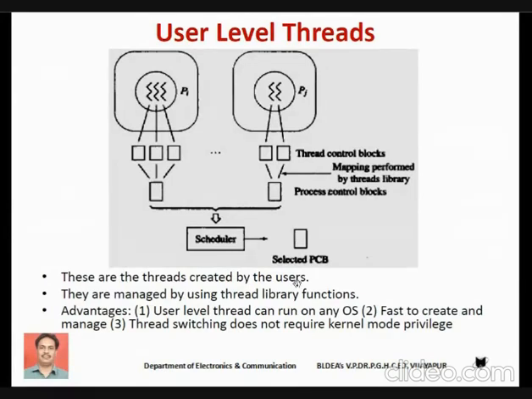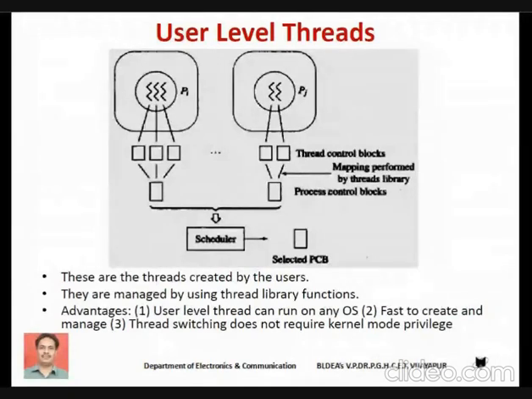So user level threads are the threads which are created by users, the programmers, and they are managed by using thread library functions. For managing user level threads, the operating system provides a set of library functions, and by using these the programmers are able to manage the execution of user level threads.